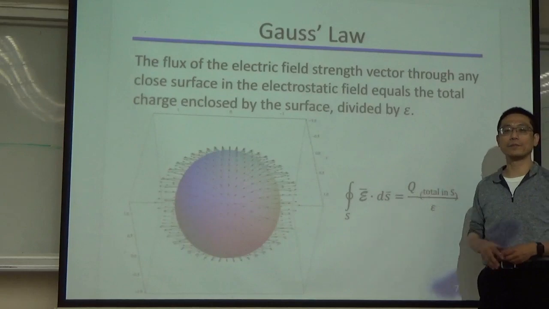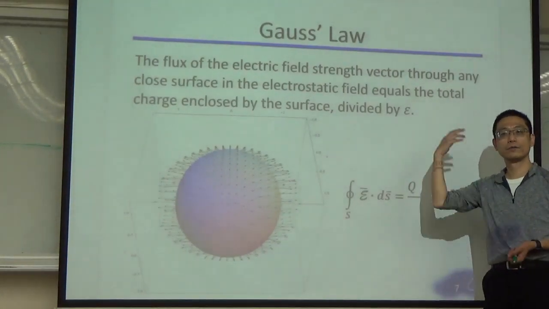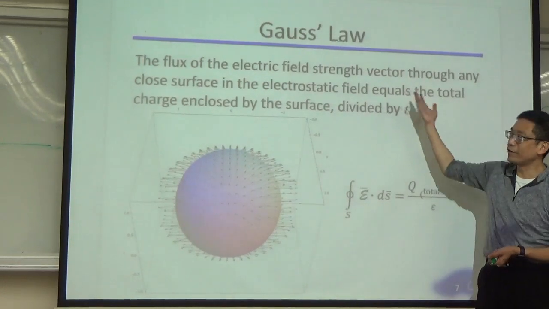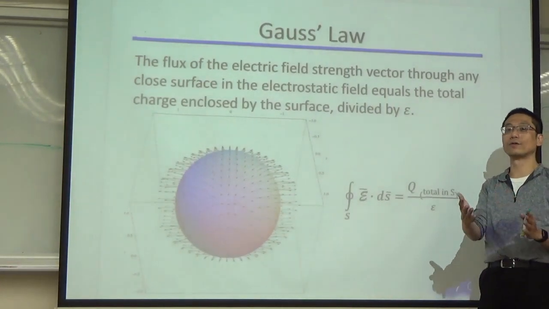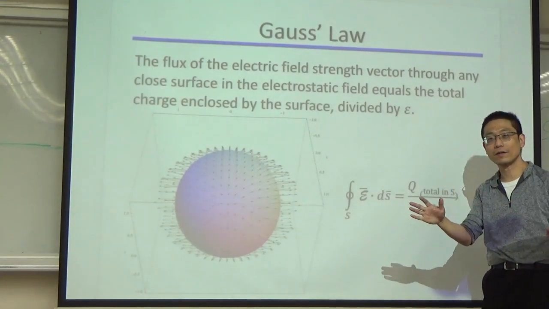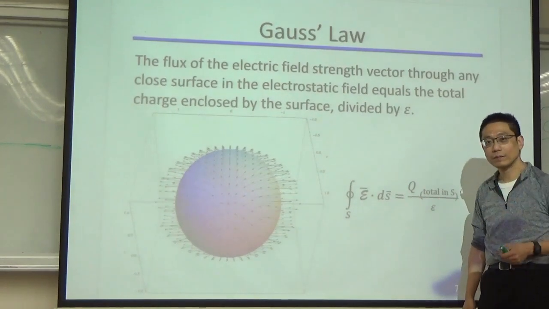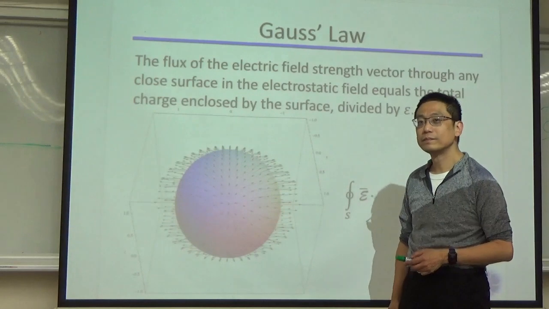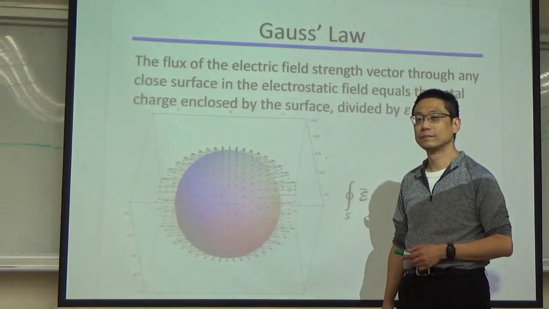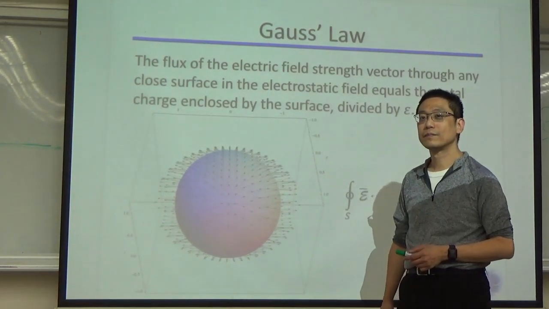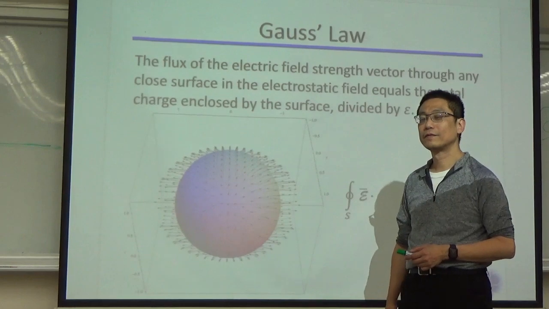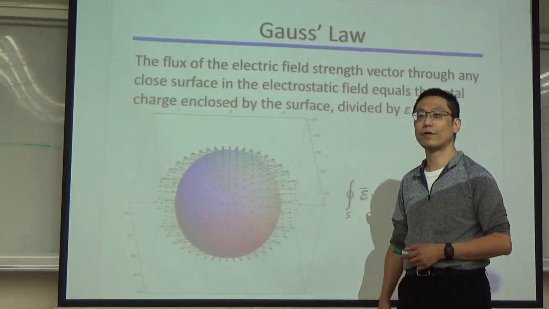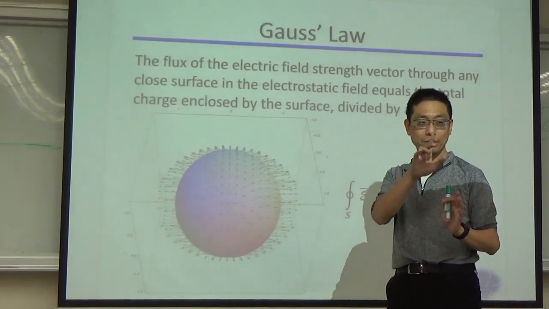Maybe it's too hard, but it's okay. Just try. Gauss's law: in an enclosed surface, the number of charges we have is divided by epsilon. Okay, very close. I will give you a point.